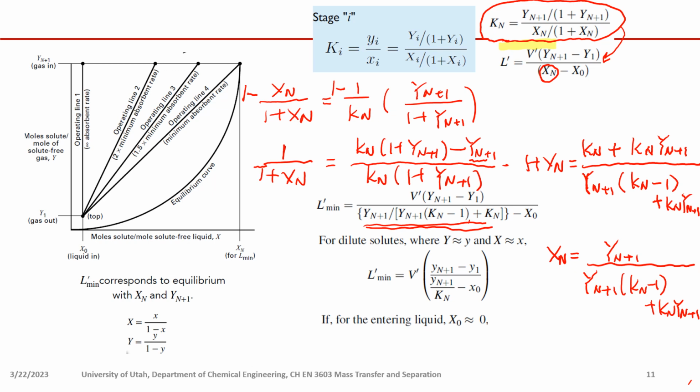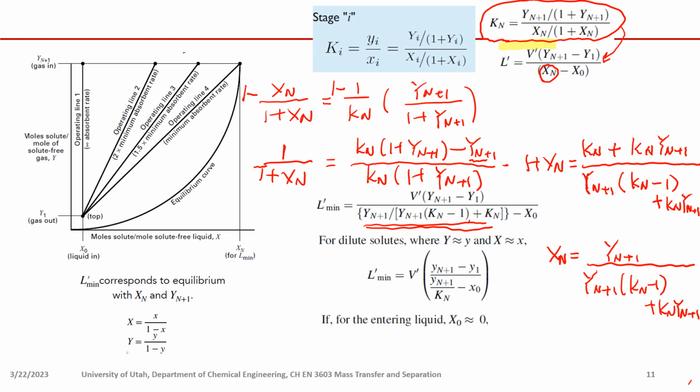Okay. Further, for the entering liquid, if it does not contain any solute, or the amount of solute in the entering liquid is very minimal, then we have the mole ratio of x0 to be approximately 0, right? So in this case, that's 0 as well, and that will be 0 as well, right?